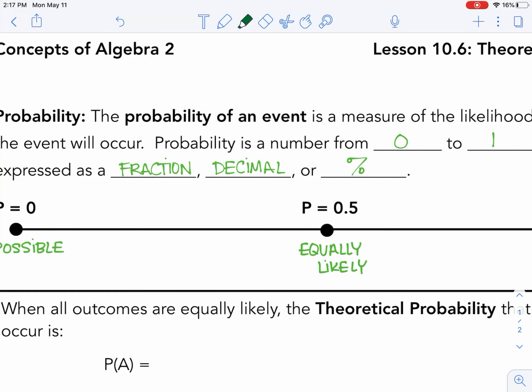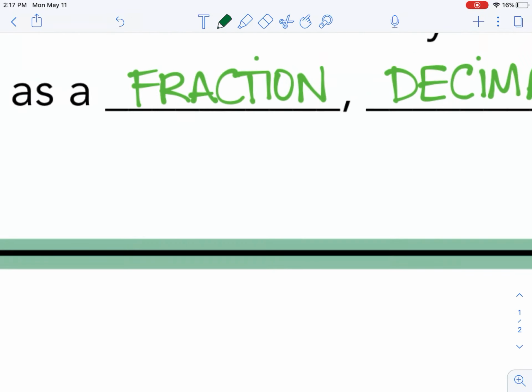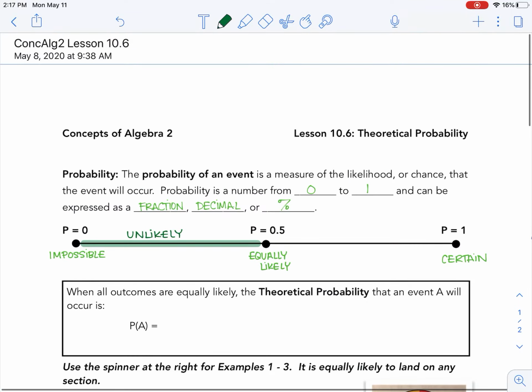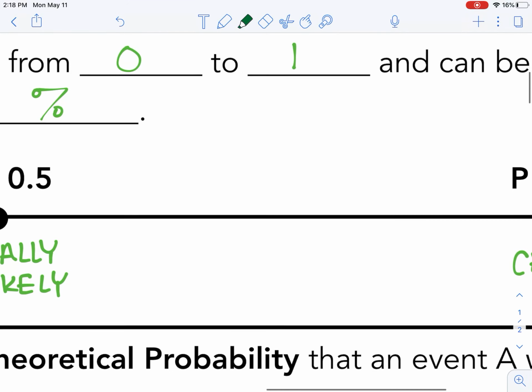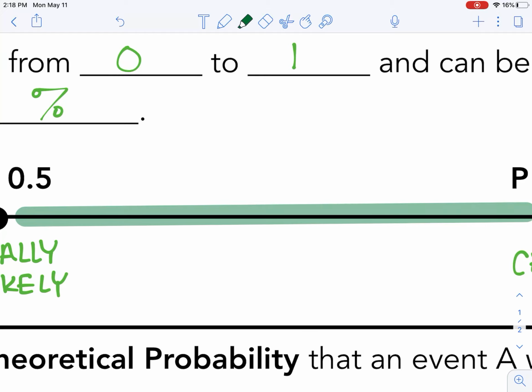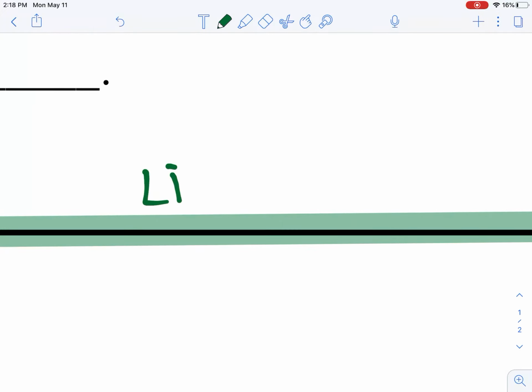If a value falls between 0 and 50%, then you have something that is unlikely to occur. If it falls between 50% and 100%, or 0.5 and 1, then we say it's likely.